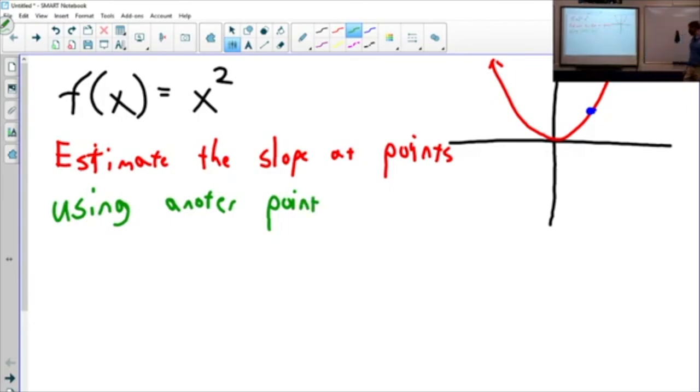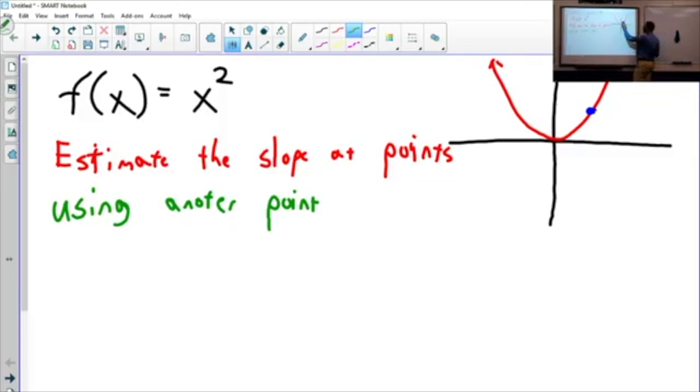And that other point that we're going to use, what should our goal be with it? How should we pick what the other point is that we use?